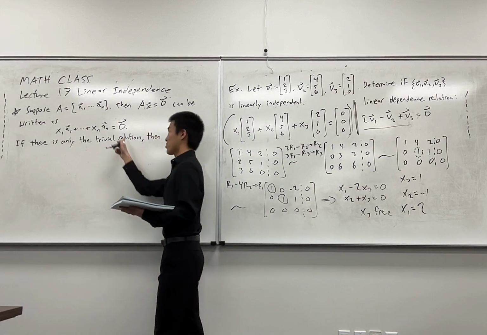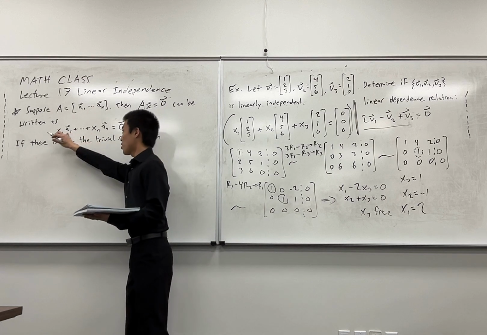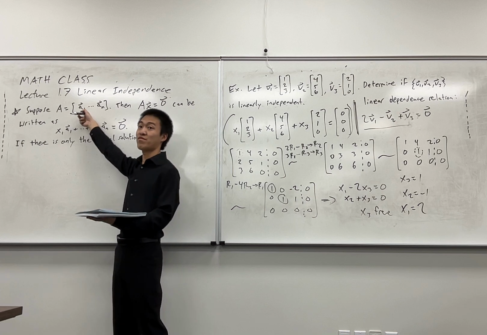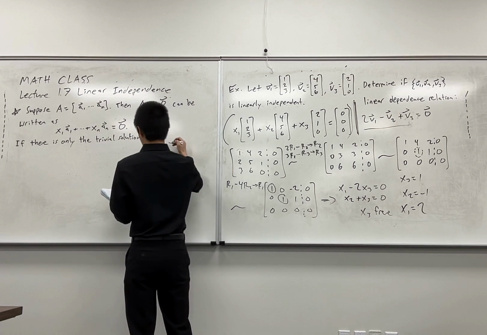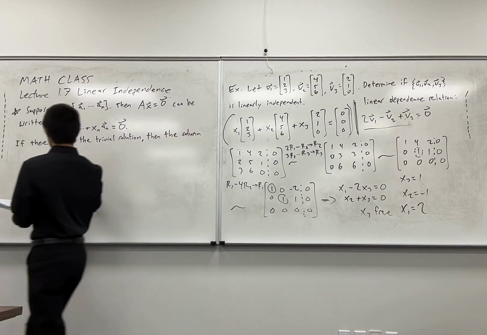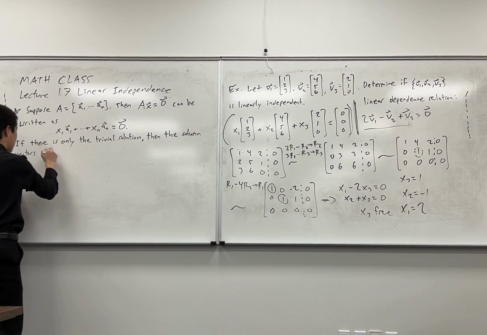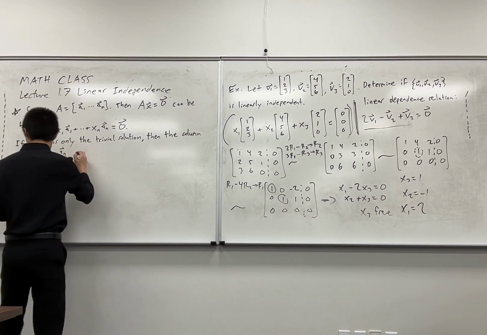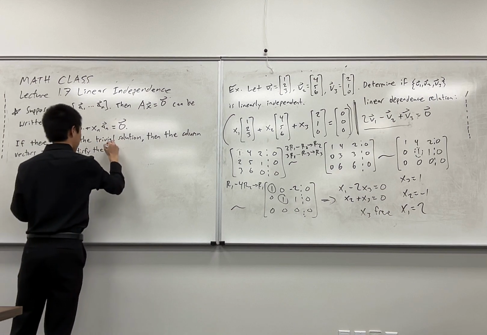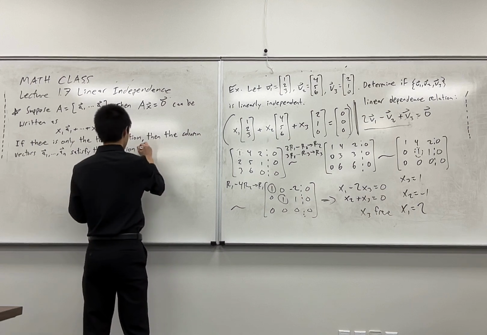Because there is only the trivial solution to the homogeneous equation. Then we just happen to call a1 through an the columns that we stripped out of the matrix, so we call those the column vectors. Then the column vectors a1 through an satisfy the definition of linearly independent.